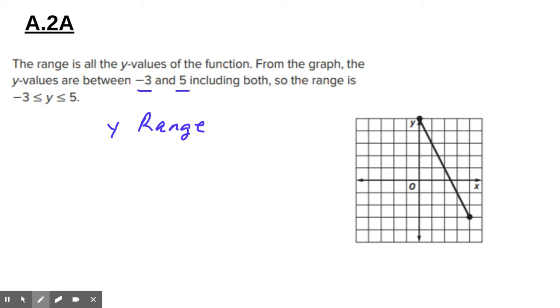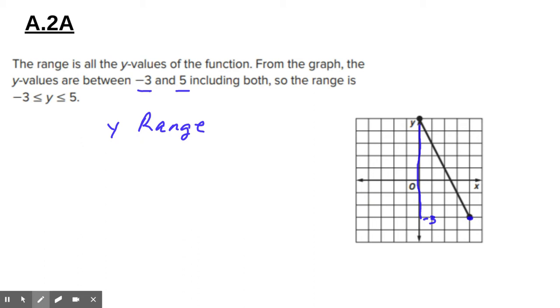So let's see what they're saying. Okay, we know right down here, x is 0 and y is -3. That's what this point is telling us, that the y starts at the -3 and it goes all the way to 5.